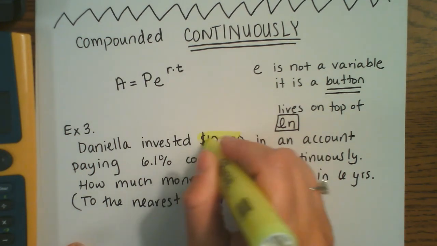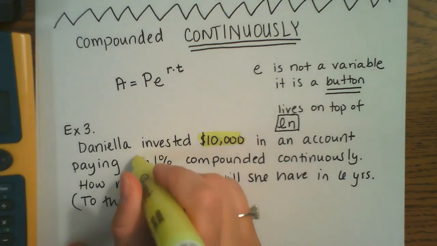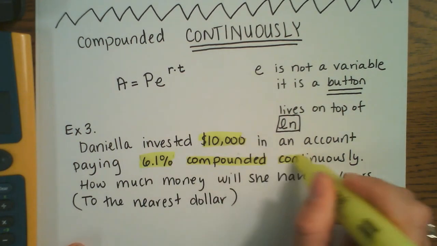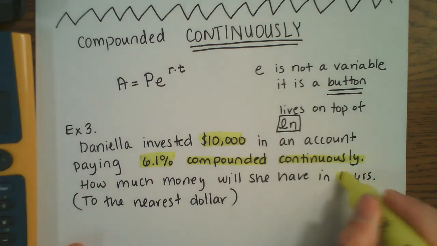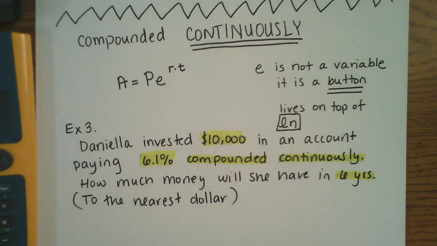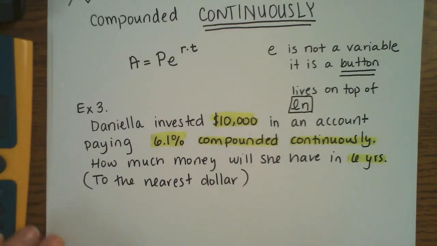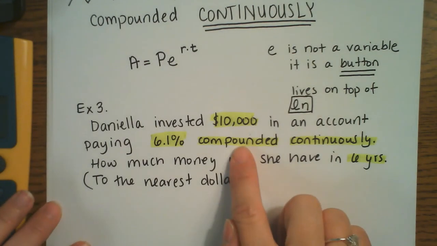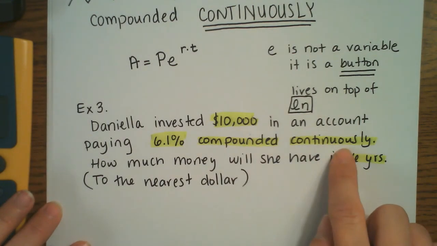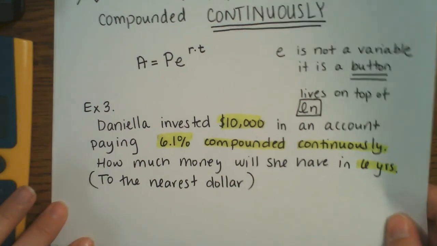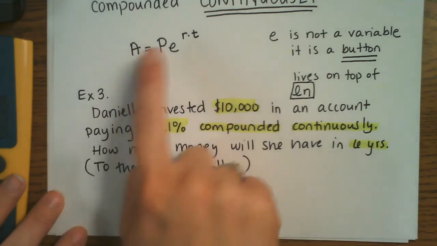Alright, so I'll highlight the important information. So because it says compounded continuously, there's no number that really represents continuously. So that's why we have to use this different formula.